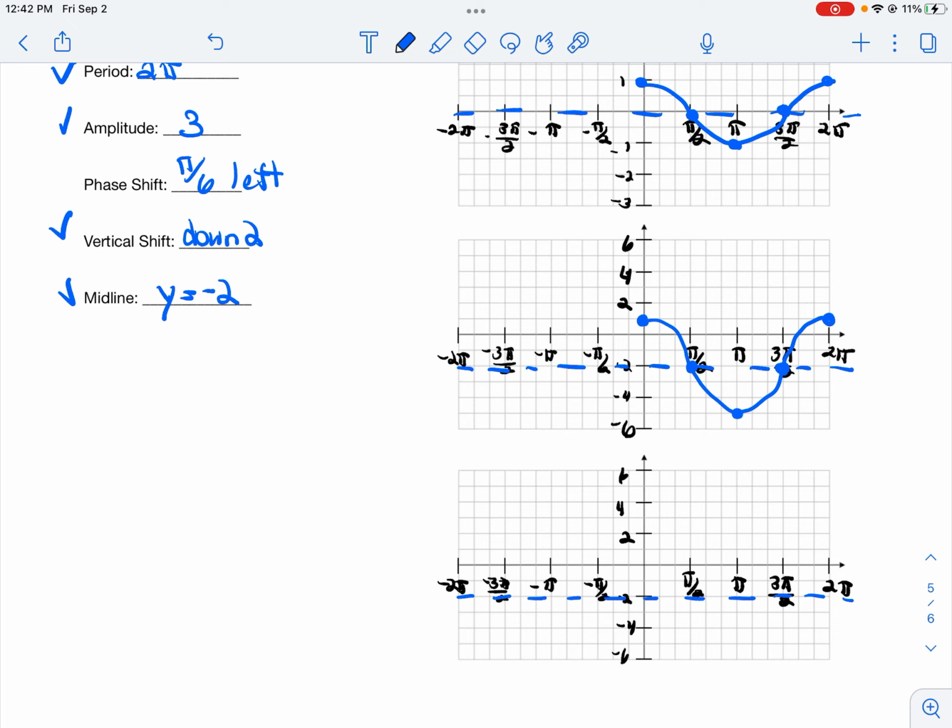So one box pretty much is going to move to the left. This point is going to move to the left 30 degrees. And this point on the midline is now moved to the left 30 degrees. This point below the midline is moved to the left. This point on the midline, moved to the left. This point above the midline, moved to the left. And that gives us one full period of this graph. And then going back on the midline, below the midline, on the midline, above the midline.